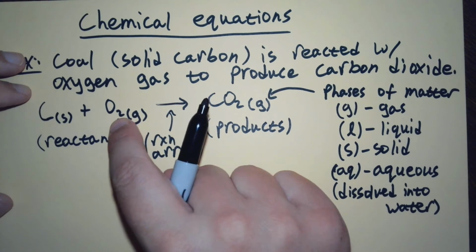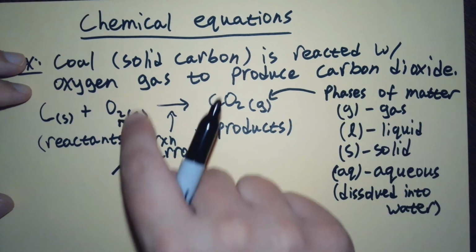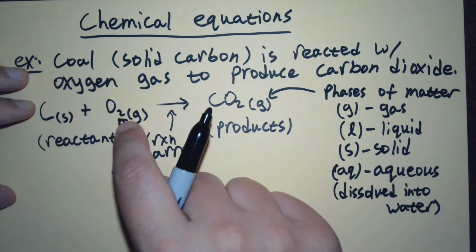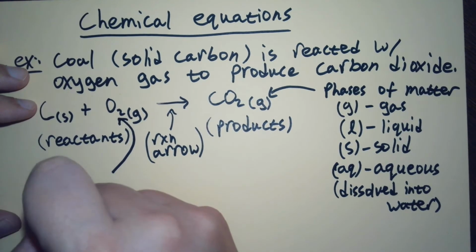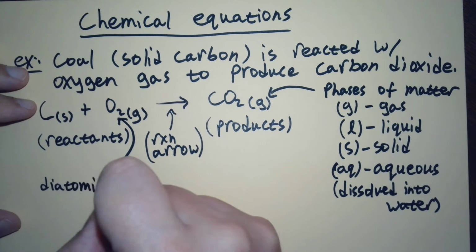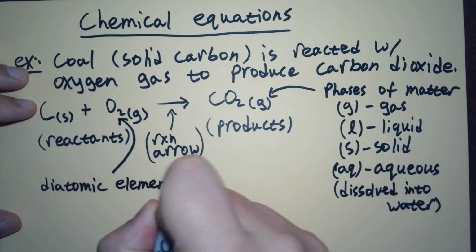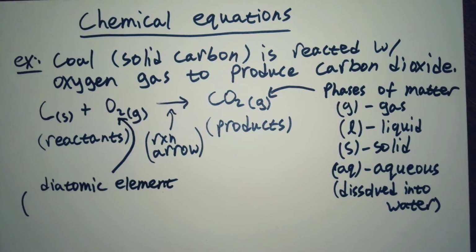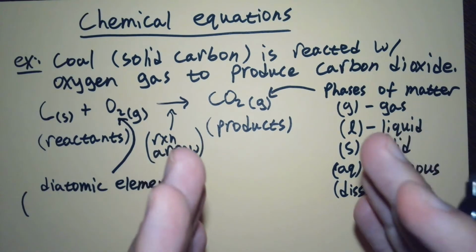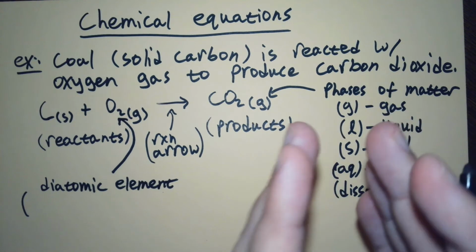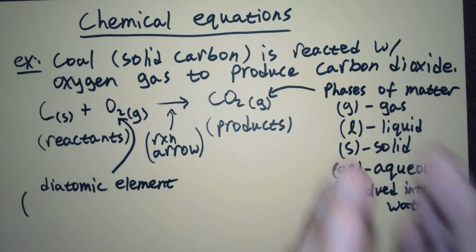Okay, O2 gas. So I said oxygen gas. Why isn't it just O by itself? Why is oxygen O2? Well, it is a diatomic element. So not all elements are diatomic, but there are a series of elements that can and do form molecules with 2 atoms of themselves.